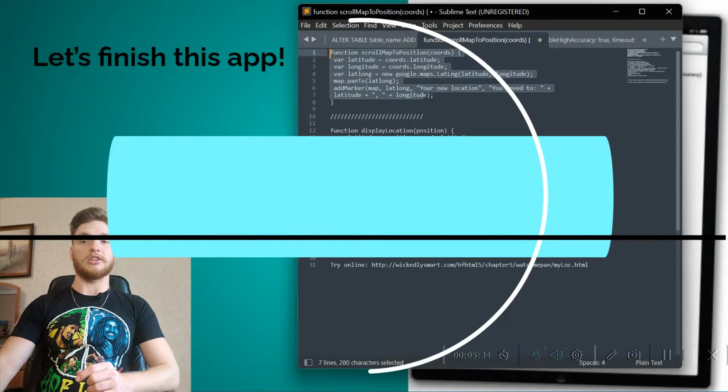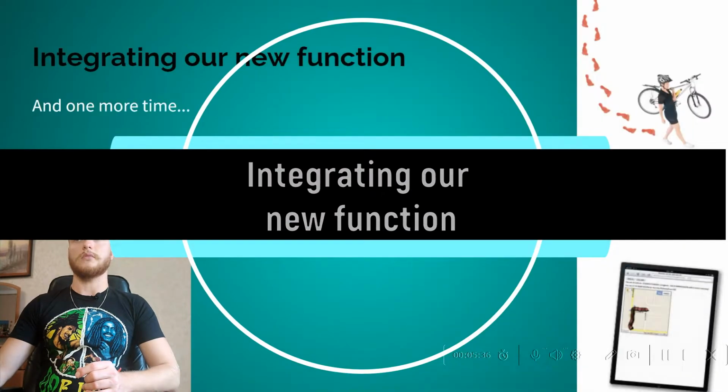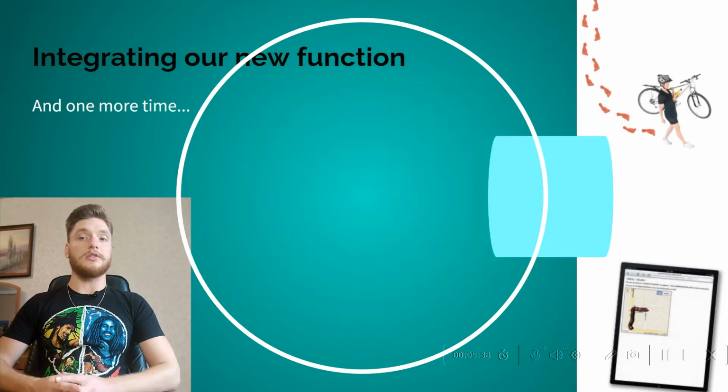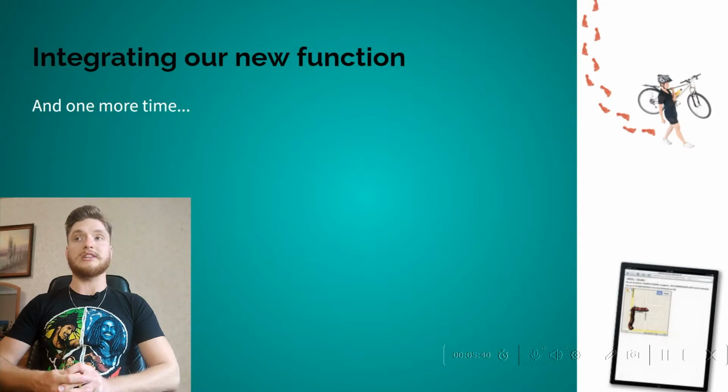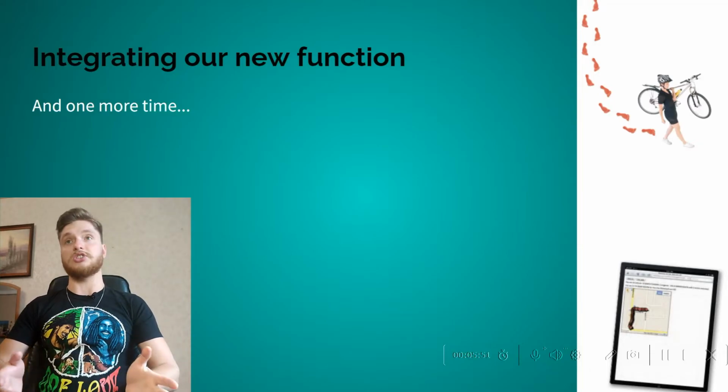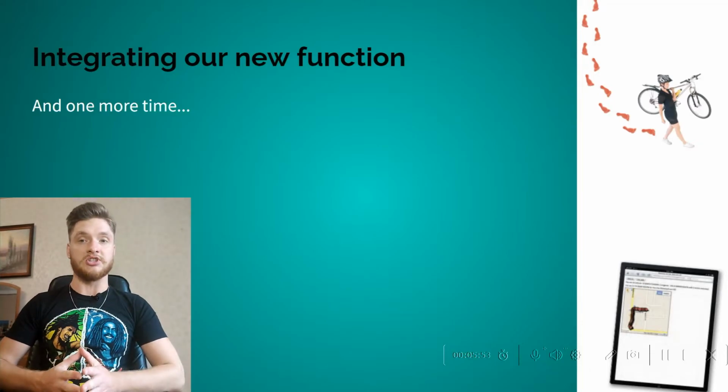Integrating our new function. Now all we need to do is update the displayLocation function to call scrollMapToPosition each time your position changes.